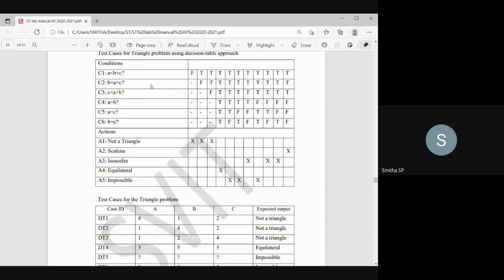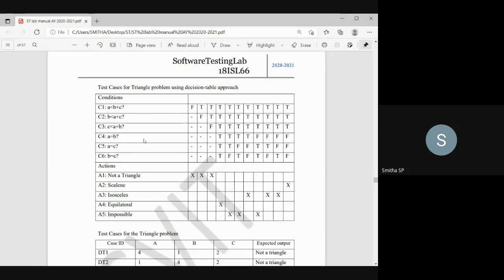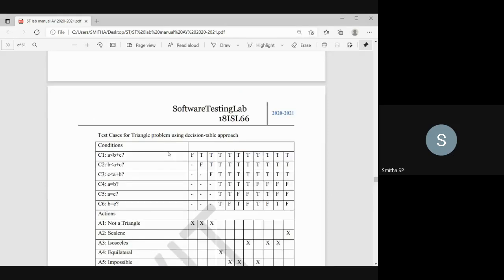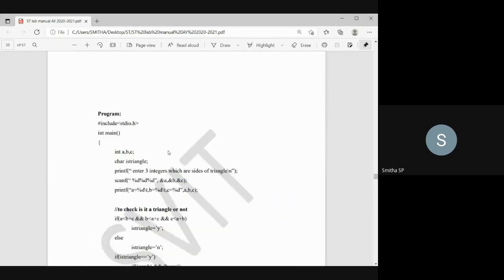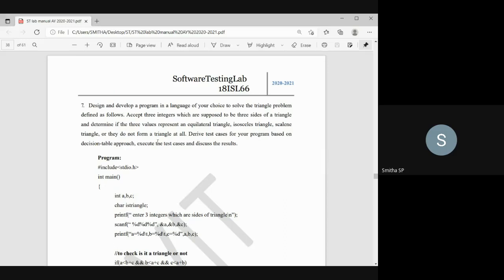Go through the conditions now. The first condition is a is less than b plus c. Here you are writing this condition based on the problem statement. What they have asked is you are supposed to identify the type of triangle by giving three integer values which represent the three sides of a triangle.